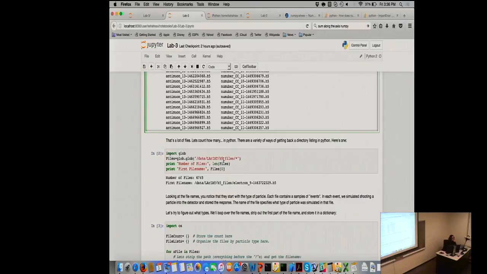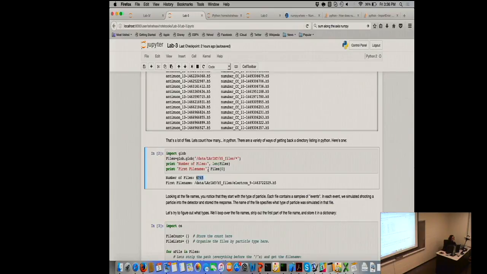This is one way, which is called glob. With glob we get the files this way, and if we print out the length of the file list taken in this line, we see we have 6,745 files.